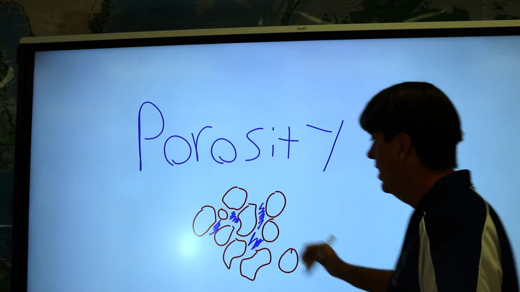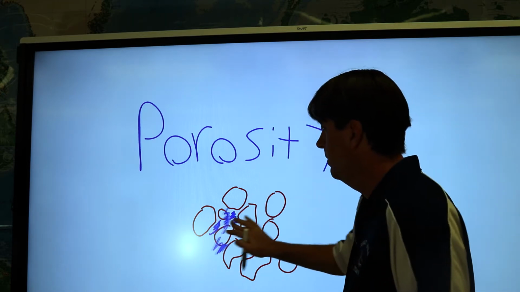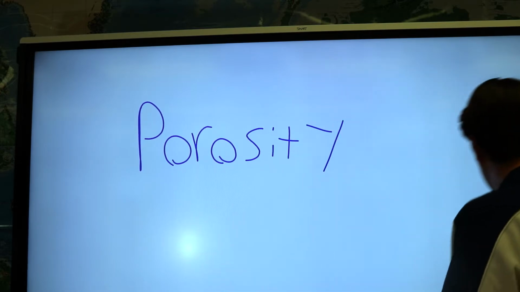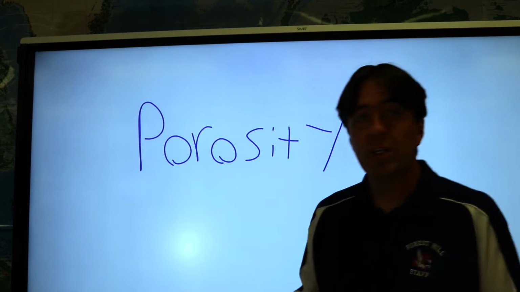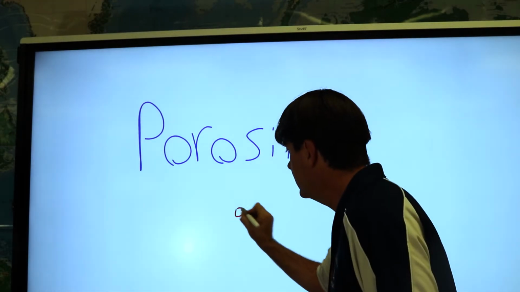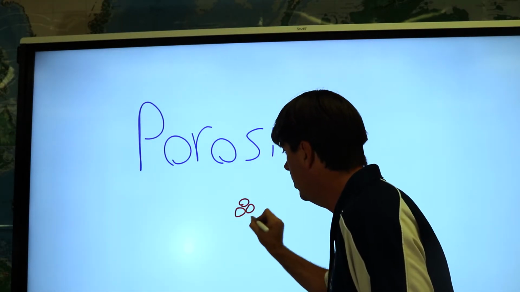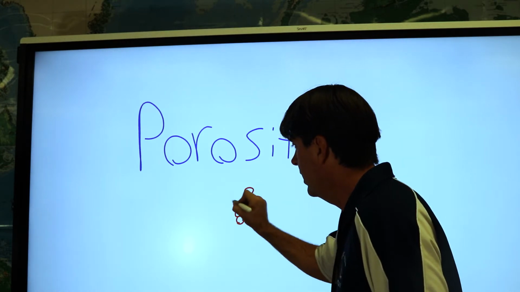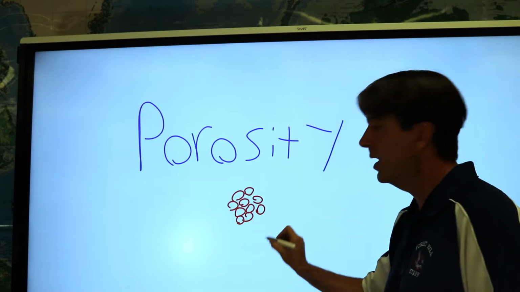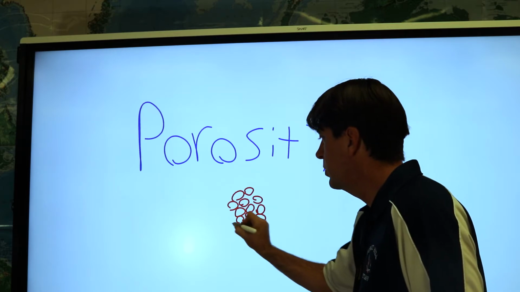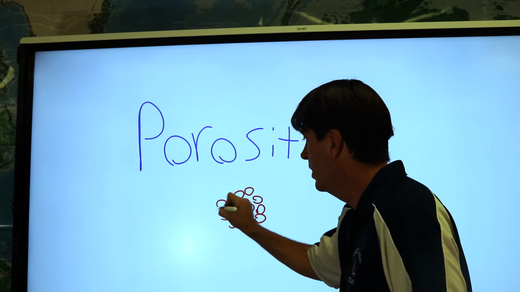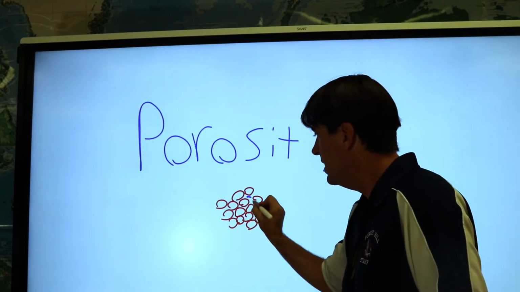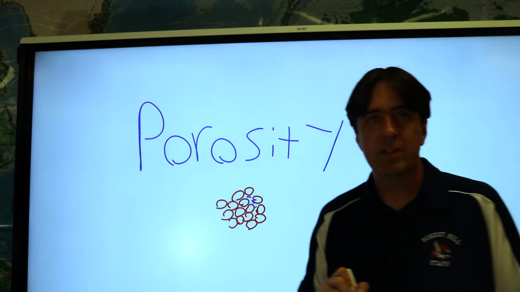That is what we're talking about. That's very porous. Now, on the other hand, if we have something that's a little bit more tight, when the grains are smaller, really tiny, and they're all really close together, water is going to have a much harder time being in the middle of those different grains.